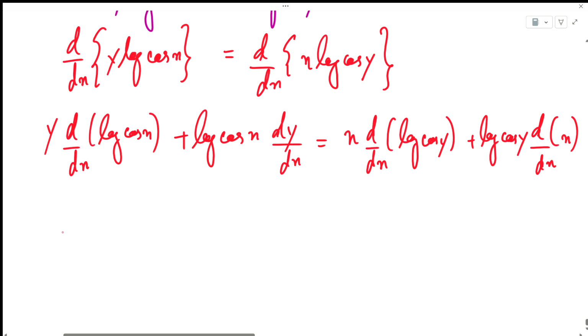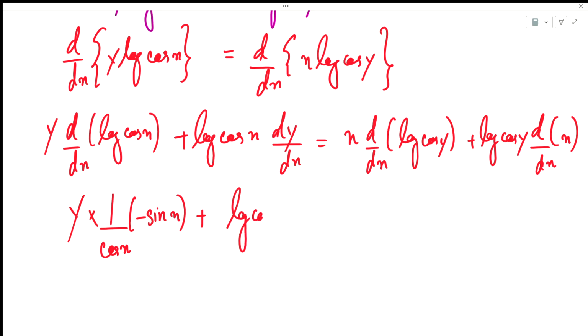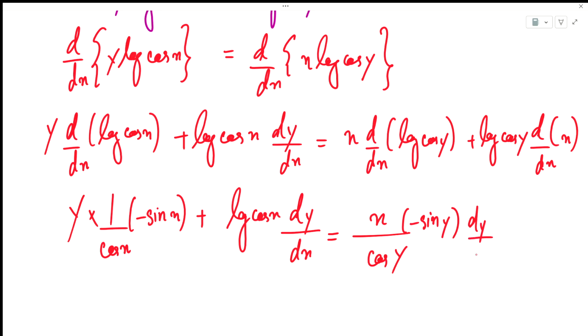So see, this is y. What is the derivative of log of cos x? It will be 1 upon cos x, but via chain rule I'm going to differentiate cos x, which will give me minus sin x. This gives me log of cos x and dy by dx. Then this is x divided by cos y, and the derivative of cos y is again minus sin y, but we will have a dy by dx over here.